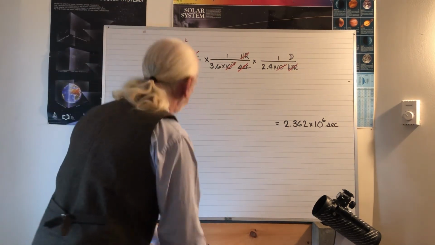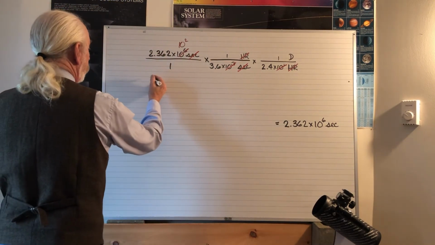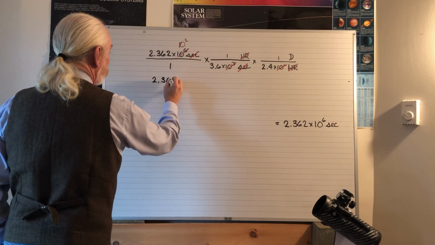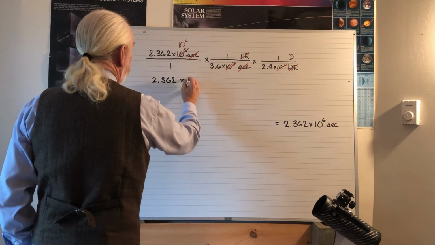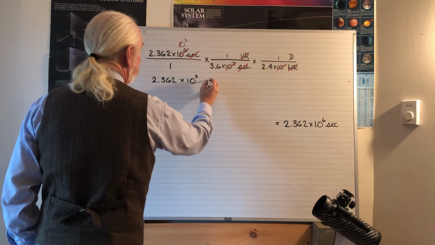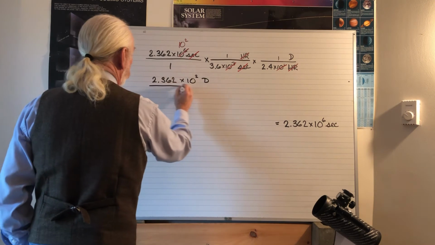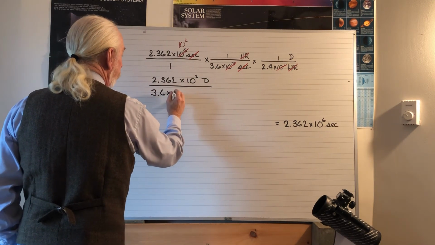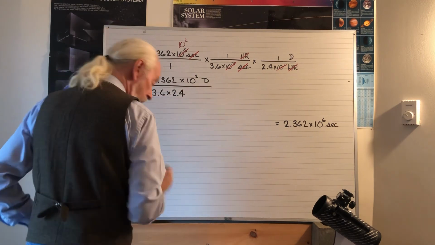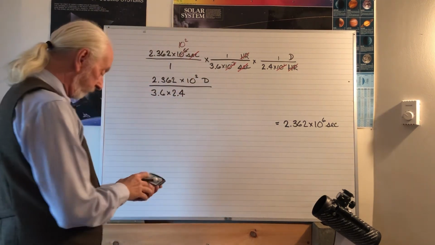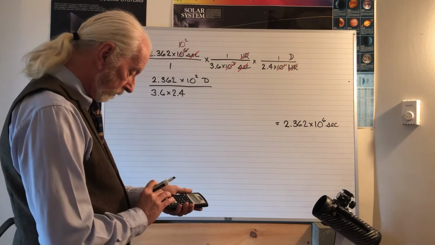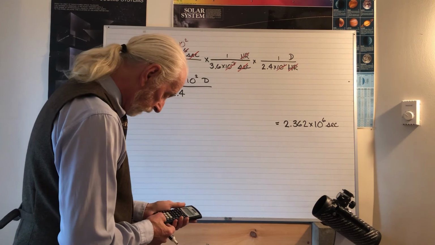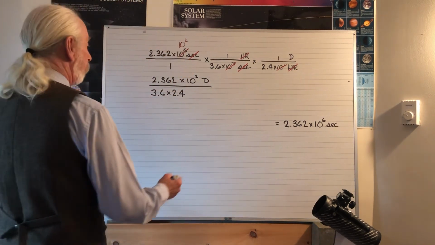So now I'll rewrite it. 2.362 times 10 squared days over 3.6 times 2.4. 3.6 times 2.4, 8.64.